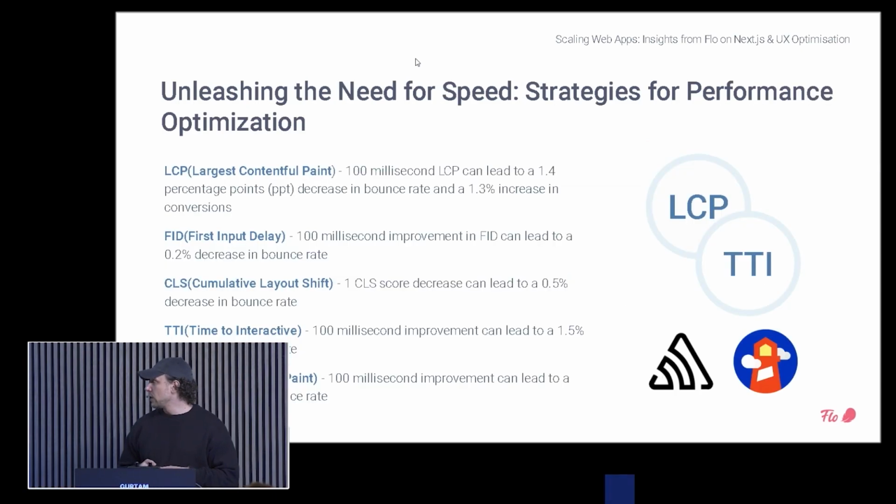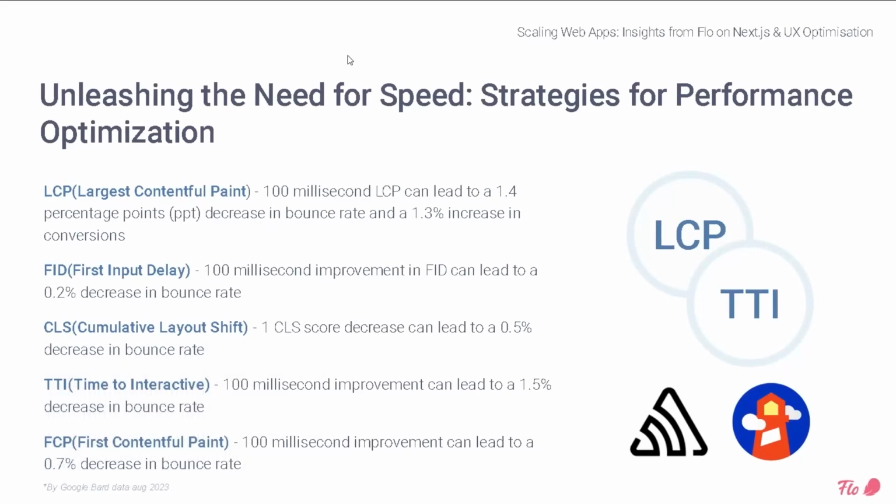We started looking at metrics. First of all, it was the original Lighthouse, like maybe every front-end developer uses, but it's not really good because you don't know the actual numbers of your users.